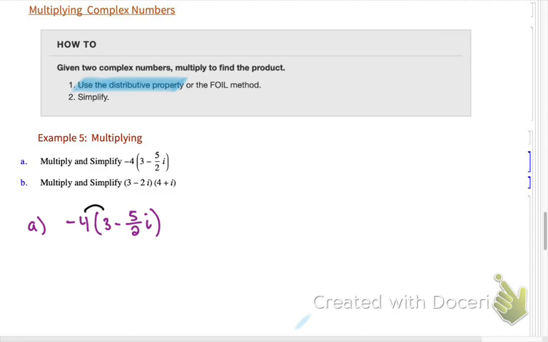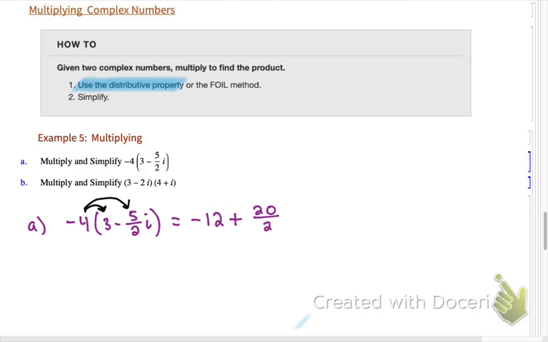And the negative 4 is going to be multiplied by 3 and by the minus 5 halves i. Okay, now negative 4 times 3 is going to give us a minus 12. And negative 4 times minus 5 halves i, multiplying a negative times a negative is going to switch that sign to a positive. And then 4 times 5 is going to give us a 20.